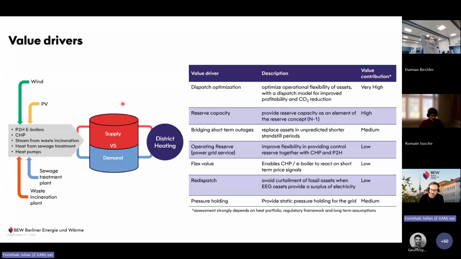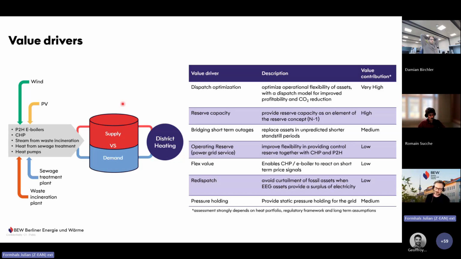As well, you can use it in the overall context of the operating reserve for our power grid services. Not standalone, but together with CHP and power to heat, we can provide services like primary and secondary service to the power grid, and this can be optimized and improved with the storage.